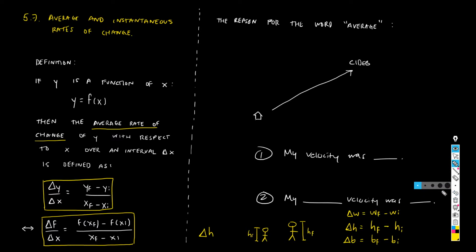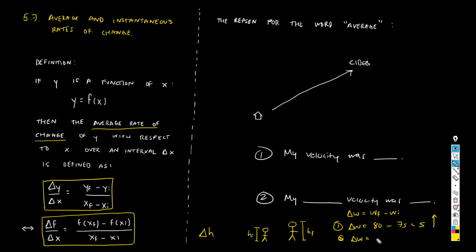For example, with a change in weight, if you gained weight, that's because your final weight is more than the initial weight. Suppose your final weight is 80 and your initial weight is 75. Then the change in weight is 5, a rise in your weight. But it can also be negative, which means a loss of weight.